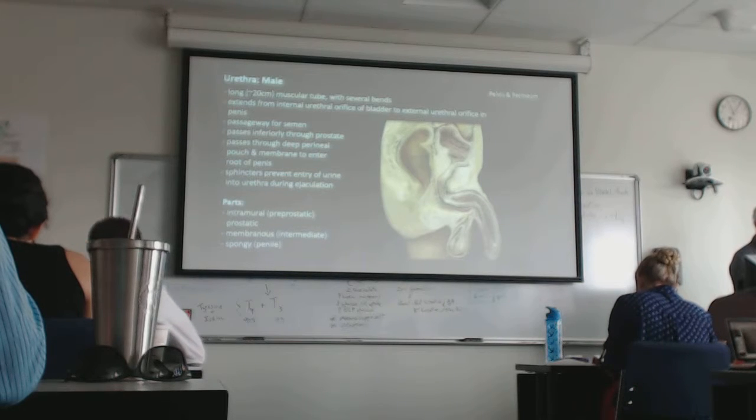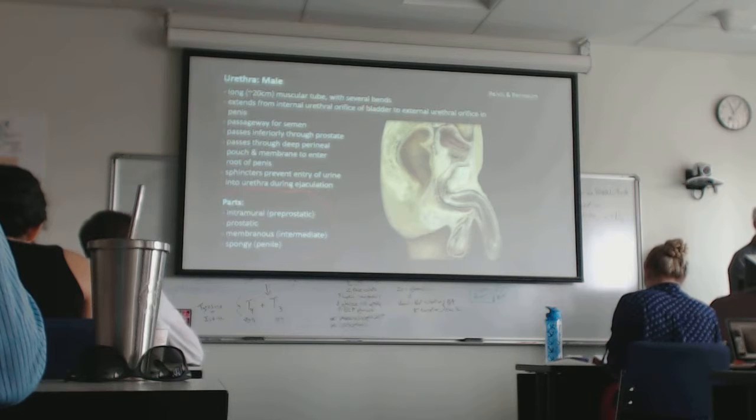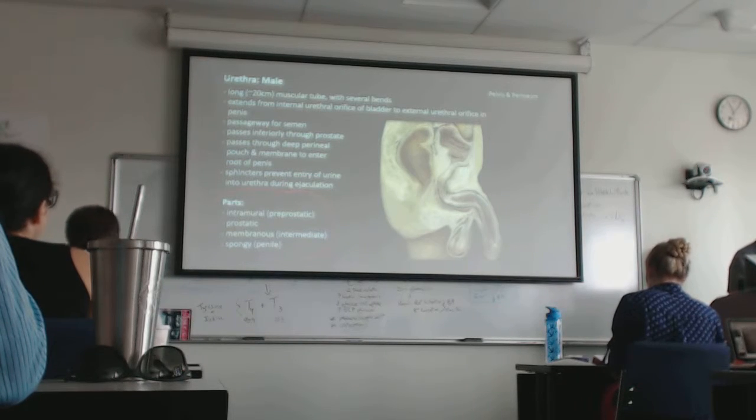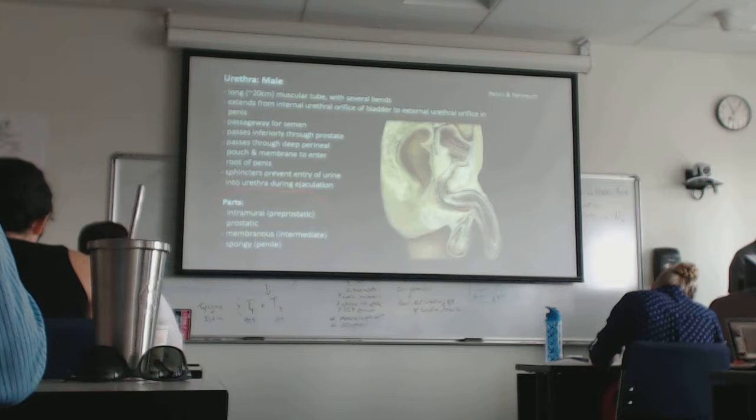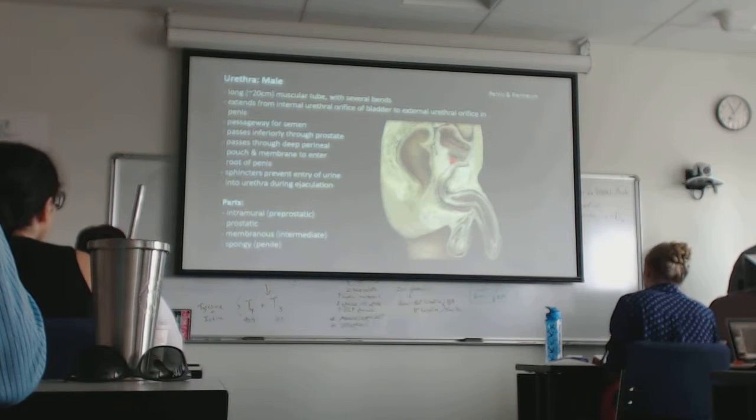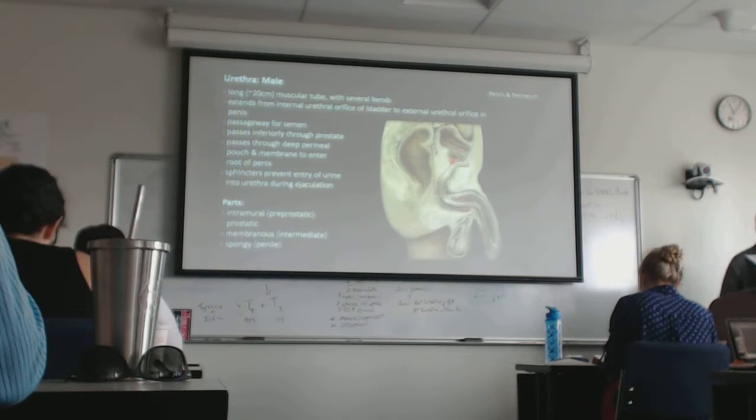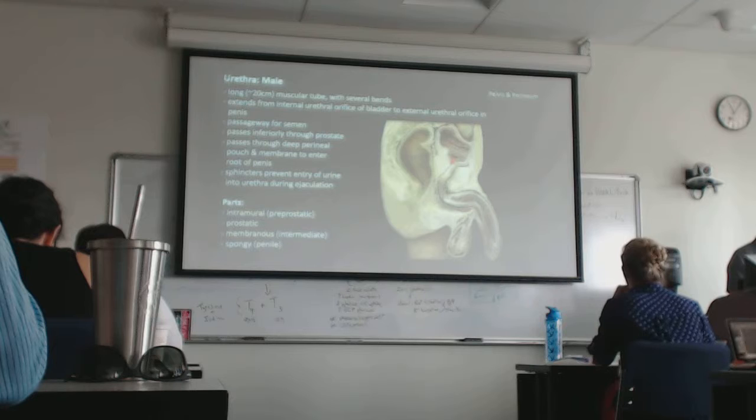In fact, if you look over here down at the bottom right of the slide, you can see the four general anatomical regions of the prostate. There is the intramural or preprostatic urethra right up here, important because there's a little smooth muscle valve there.